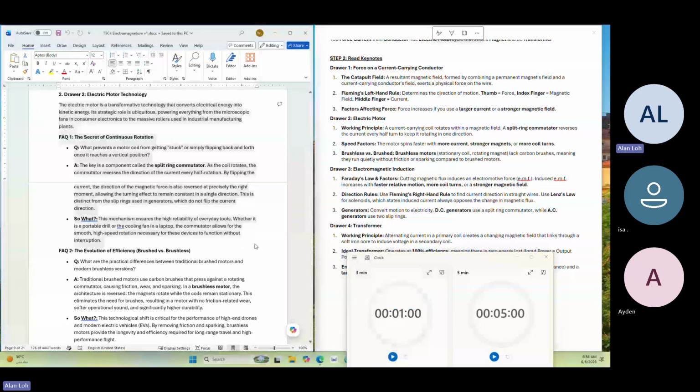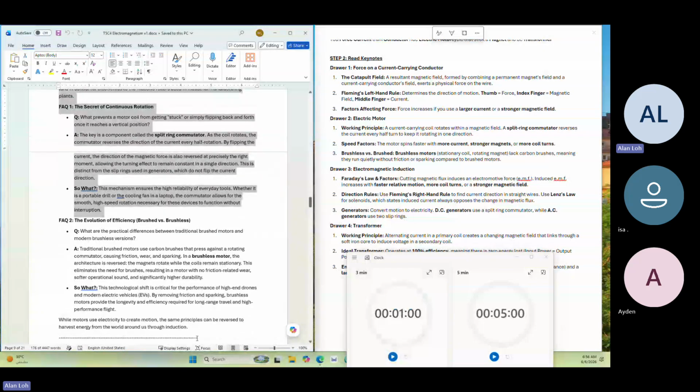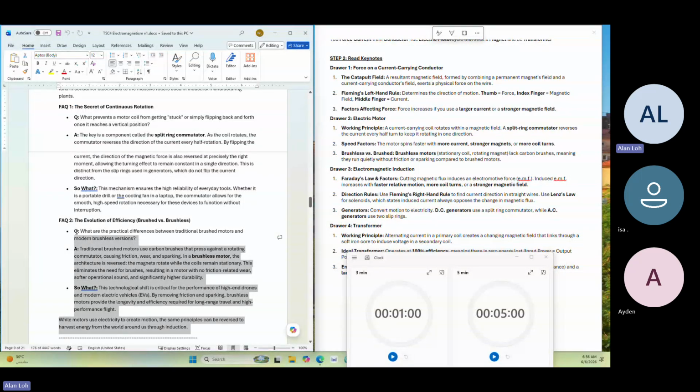Okay, time's up. Let's go for question 2 to improve your understanding to level 4 for drawer 2. Start now.